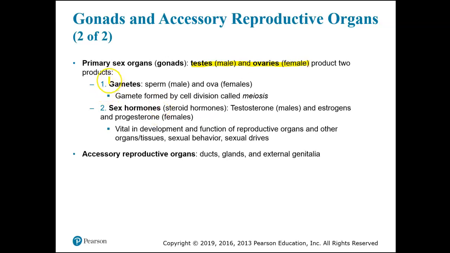In the male, the gamete produced is called the sperm, and in the female, it's called the ova or the egg. And the process that forms these gametes is meiosis. And the sex hormones or steroid hormones are testosterone in males and progesterone and estrogens in females.